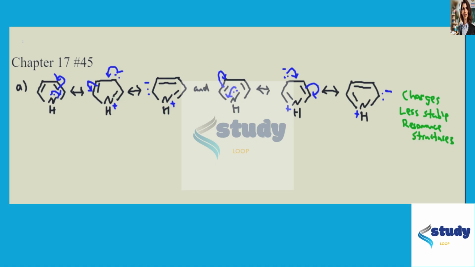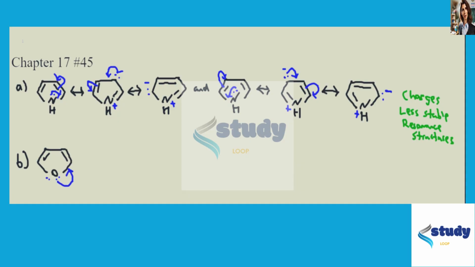Okay. And then we're asked to do the same thing for furan. And again, it's going to look exactly the same, just with an oxygen instead of a nitrogen. So not exactly the same, but very similar. The oxygen is going to have two lone pairs. And so we'll just do the same thing.